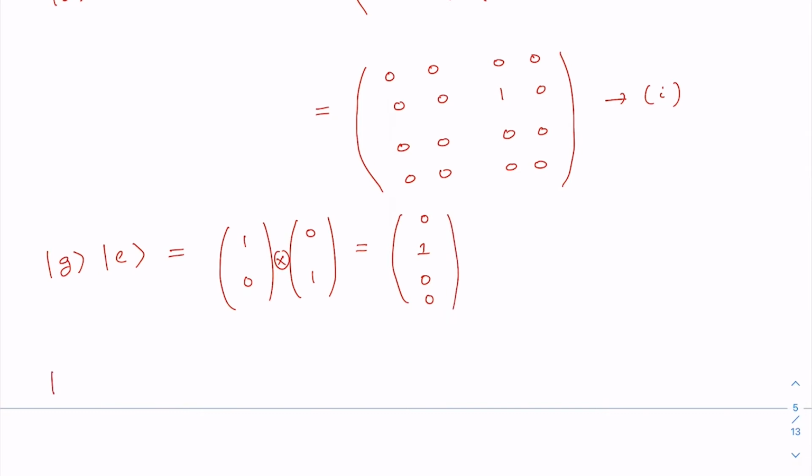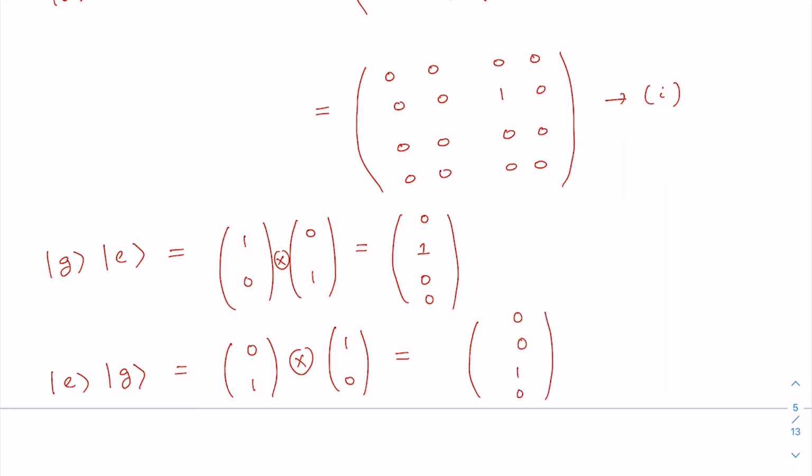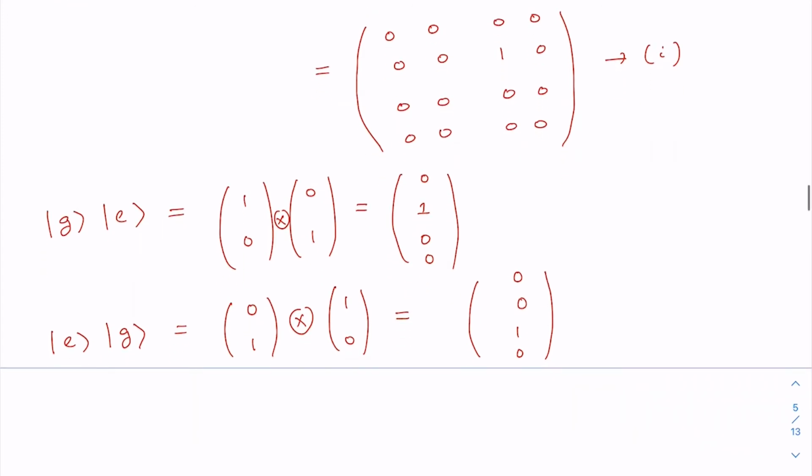And ket 1 ket 0, the tensor product again, ket 1 is 0 1, ket 0 is 1 0, so that would be 0 0 1 0. So therefore I can write this in abbreviation as ket 01, and here I can write it as ket 10.